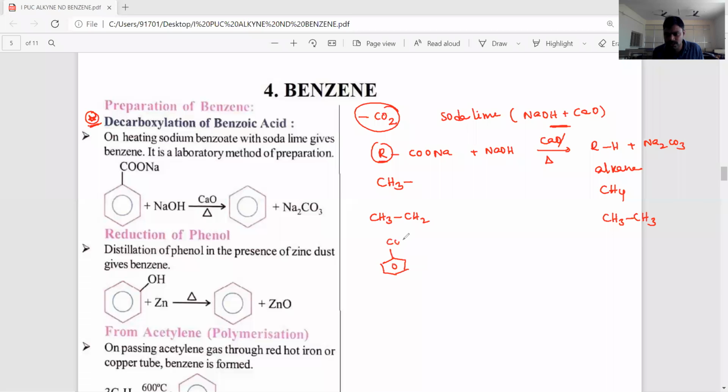When R is a benzene ring attached to COONa, that is sodium benzoate. This sodium benzoate on heating with the sodium hydroxide and calcium oxide mixture, soda lime, loses the COONa group and forms benzene.